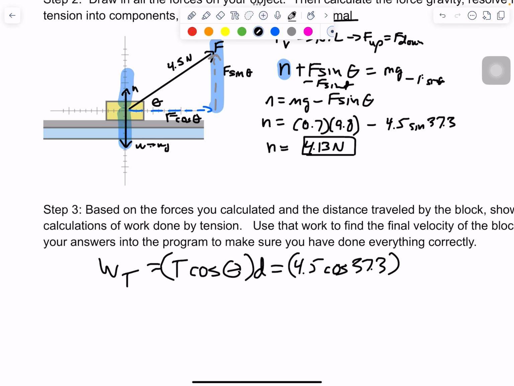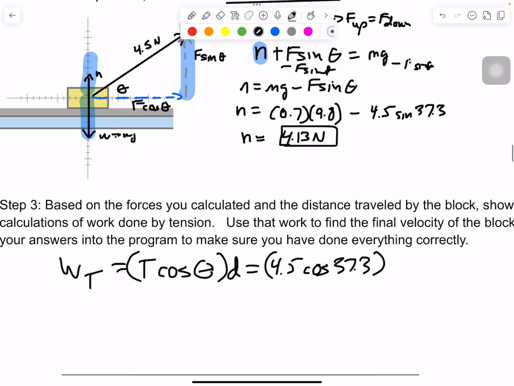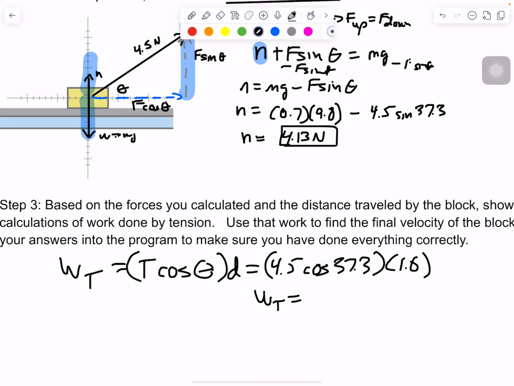Times the distance, which is 1.6. Okay, about 5.73 joules.